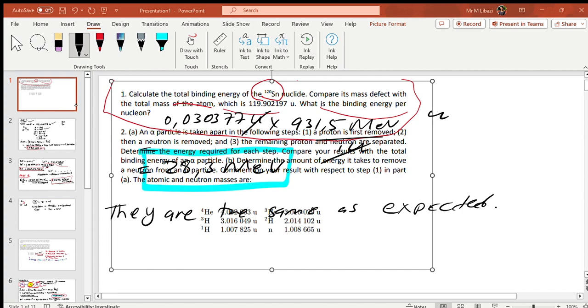H3 is 3.016049, plus 1.008665, which is the neutron, minus helium, which is 4.002603. Let's see what we get there.